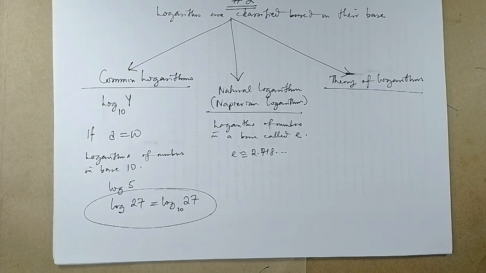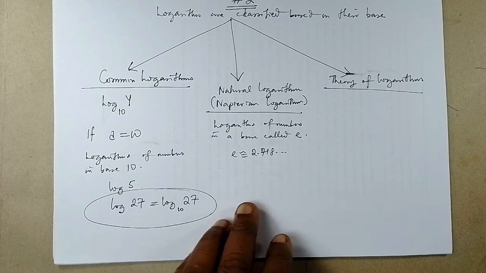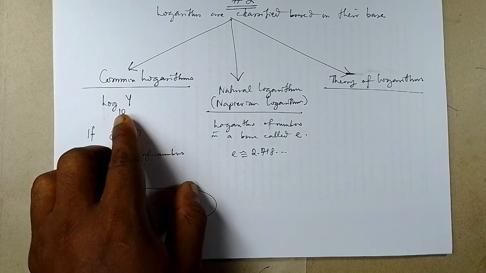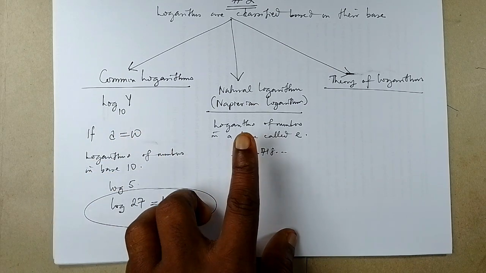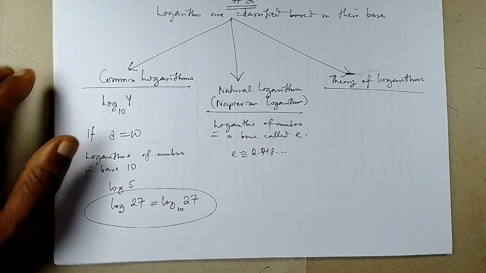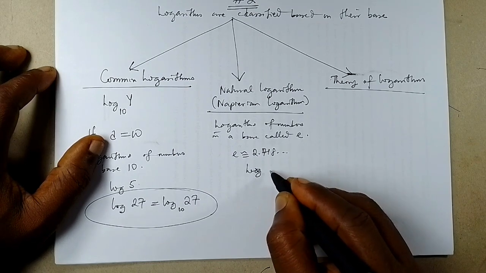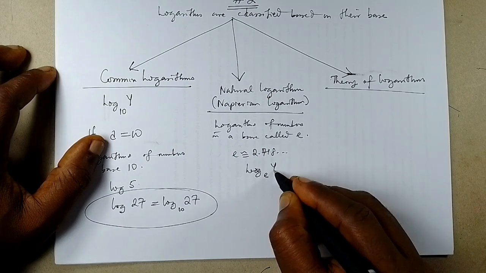Now, once you are dealing with the logarithm of a number in base e, that particular logarithm is called the natural logarithm of the number. Okay, so if I'm taking the logarithm of y in base e instead of 10, I will be dealing with the natural logarithm of y. So the natural logarithm of y in this case will be log to base e of y.